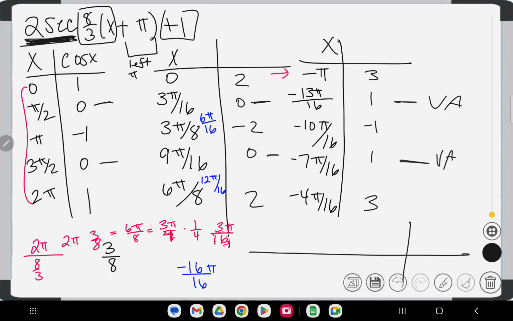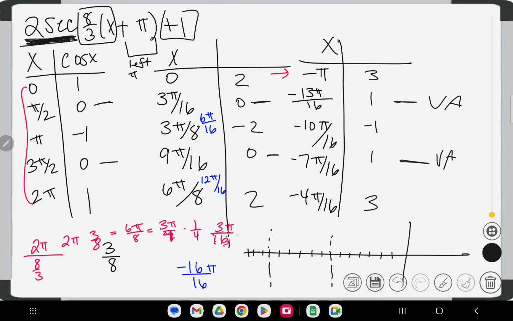Let's see, I don't really want to make 16 tick marks, but I can. 1, 2, 3, 4, 5, 6, 7, 8, 9, 10, 11, 12, 13, 14, 15, 16. So I'll do my vertical asymptotes. So negative 13, so 16, 15, 14, 13, and 7. 1, 13, 12, 11, 10, 9, 8, 7.